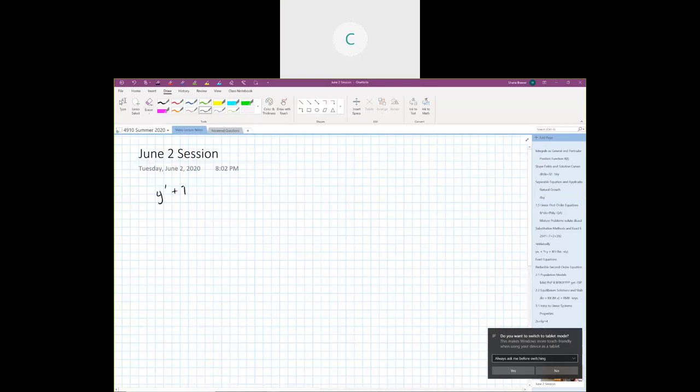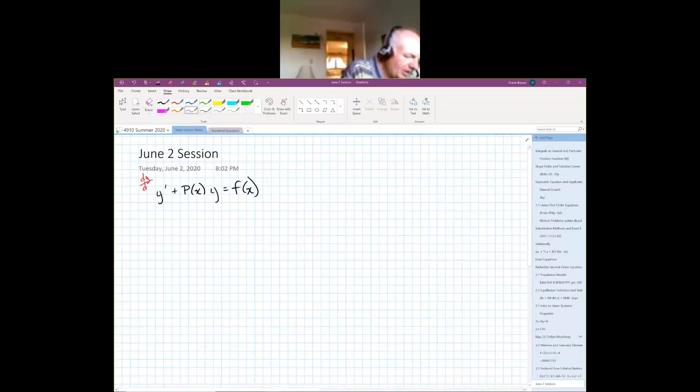So if you've got a function attached to y through multiplication, and of course this is the dy dx, then you're probably going to try the integrating factor first of all.